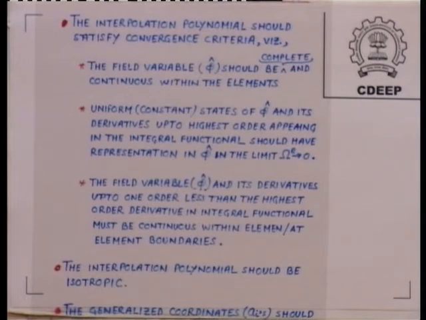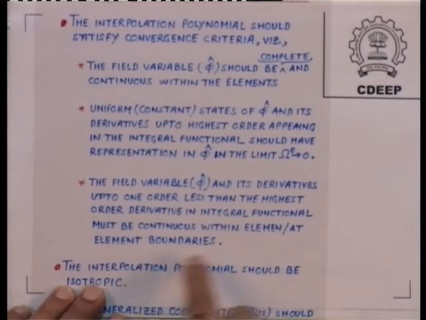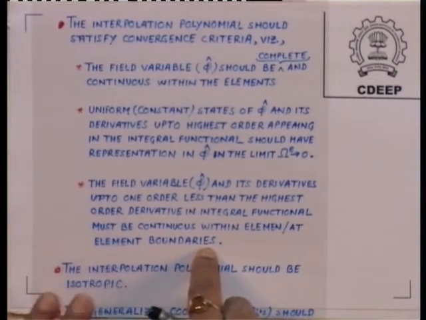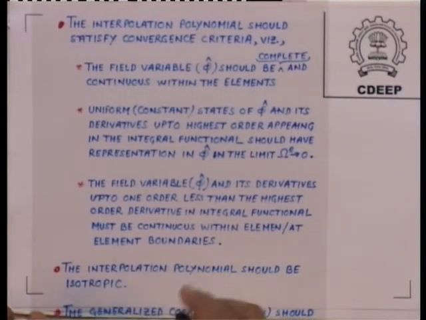What is a C0 element? A C0 element is one where we are dealing with continuity of only the basic variable. U, V, W, basic variable only, not the first derivative or second derivative, continuity within the element and across the element boundaries. Okay, only the basic variable. So, that is easy.